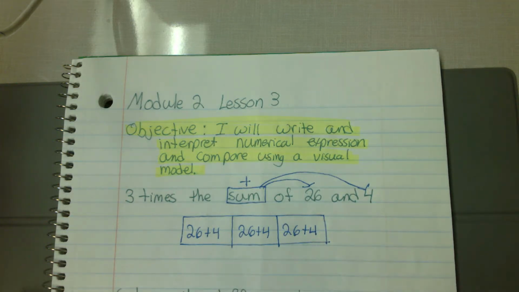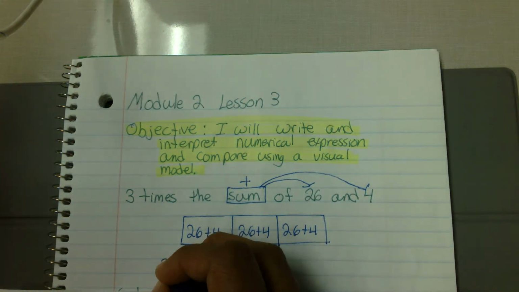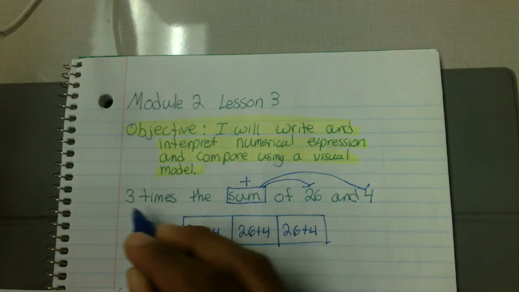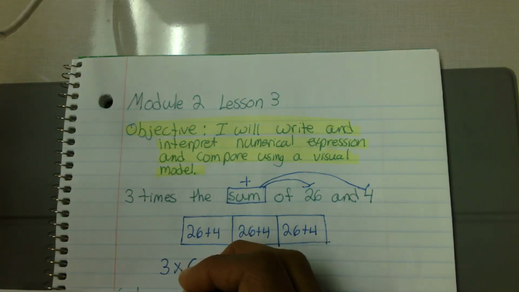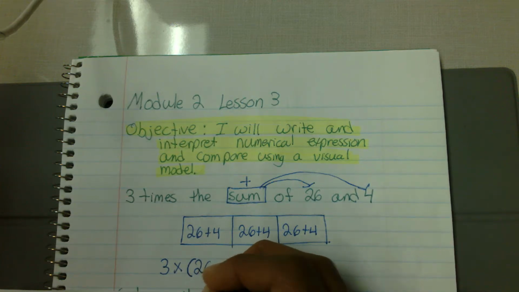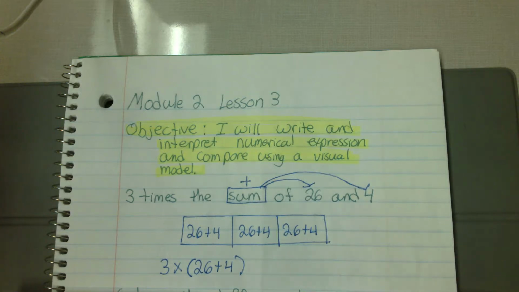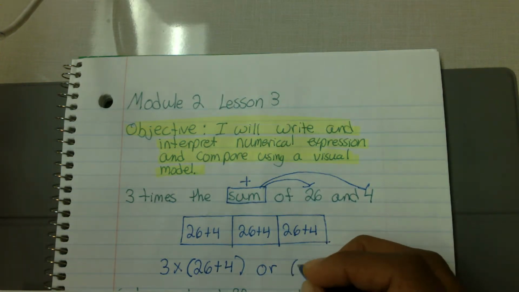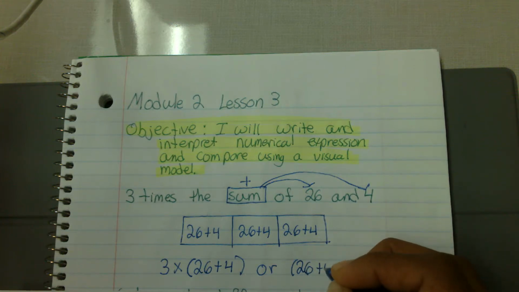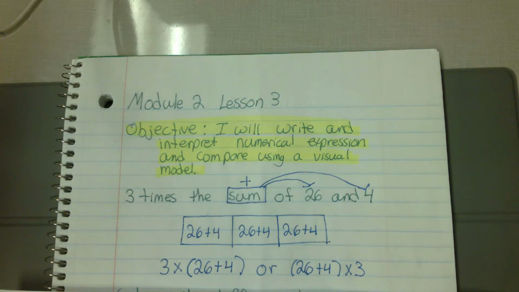So then we could say that we are going to be doing 3 times, and then we're going to put in parentheses, because we first need to do that, the sum of 26 plus 4. You could write it that way, or if you wanted to write this first, 26 plus 4 times 3. We're going to do that again 3 times. So we really have to look at our vocabulary.